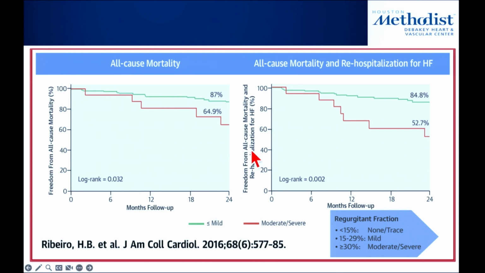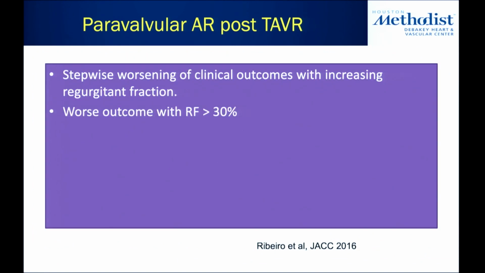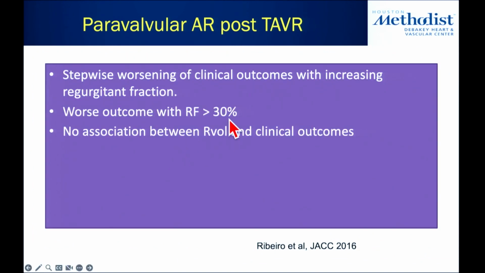What they found was, when they stratified patients using a 30% marker, so those with less than 30% aortic regurgitant fraction were thought to be mild, and those with more than 30% were thought to be moderate or severe, they saw a significant separation in outcomes from the standpoint of all-cause mortality, as well as a composite of mortality and repeat hospitalization for heart failure. So another important thing is obviously that the threshold that was associated with the worst prognosis was lower, 30%, in these paravalvular aortic regurgitation.